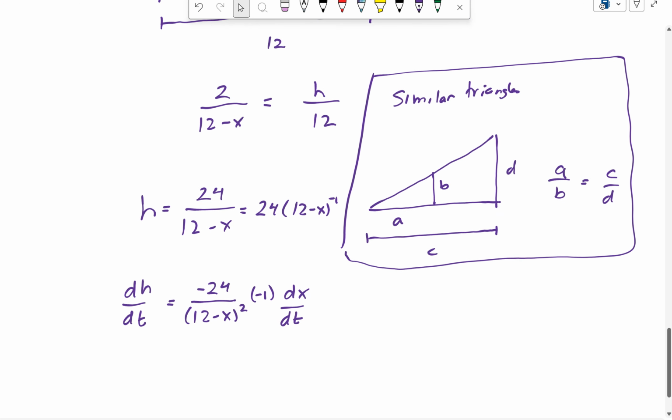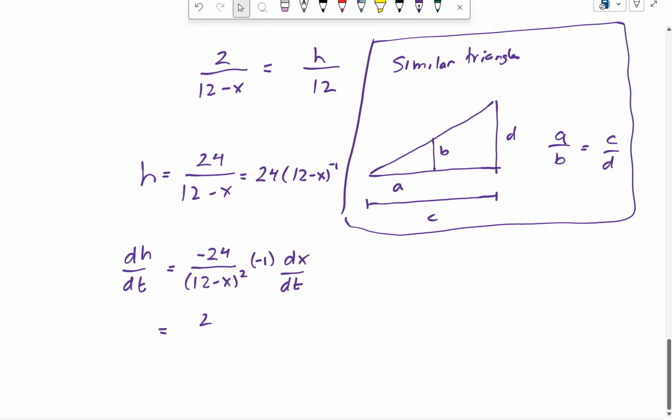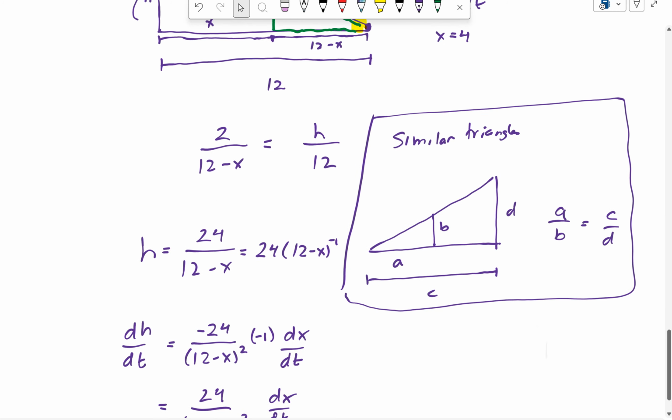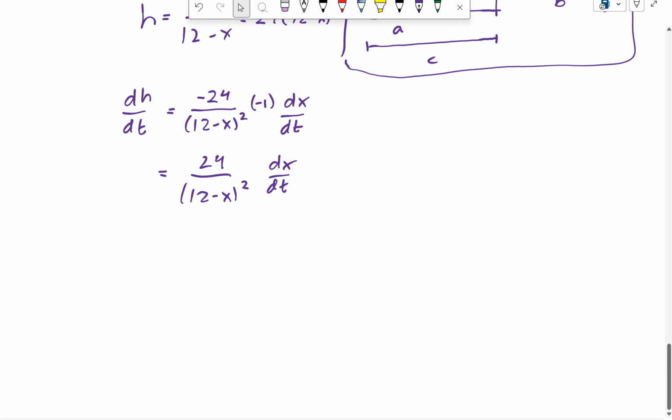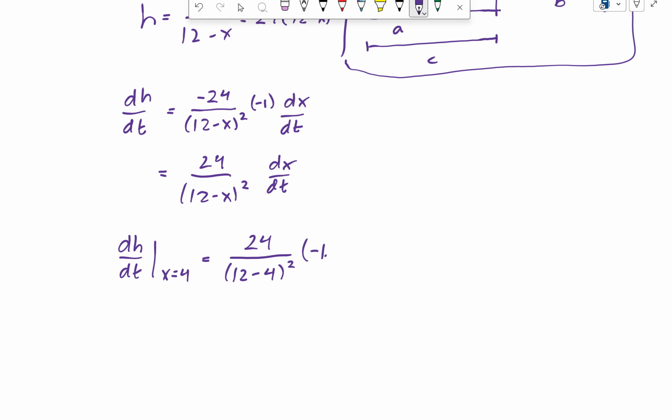So that looks good. This becomes 24 over 12 minus x squared times dx dt. Now we want this when x is equal to 4, so we plug that in. I have 24 over 12 minus 4 squared, and then I have the minus 1.6 for dx dt.